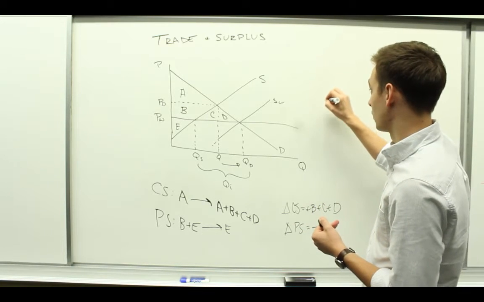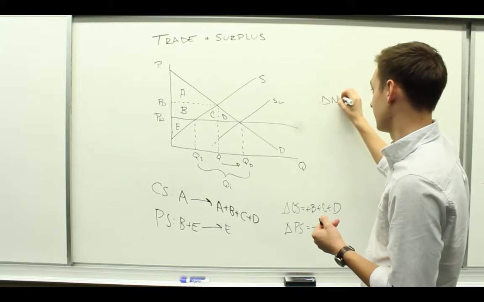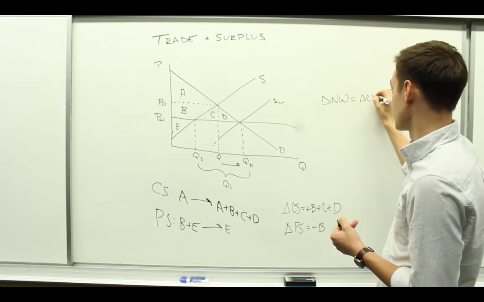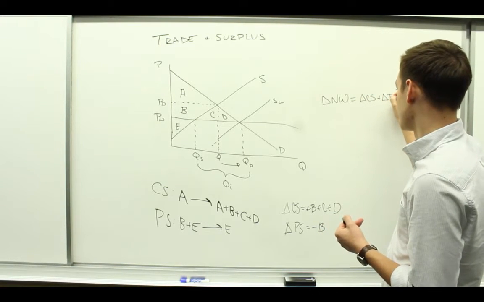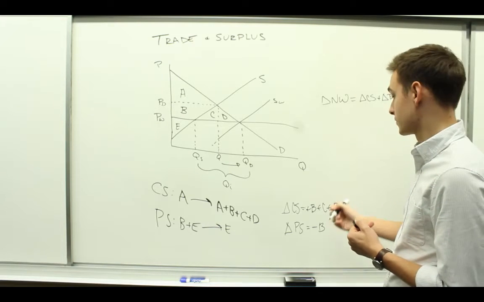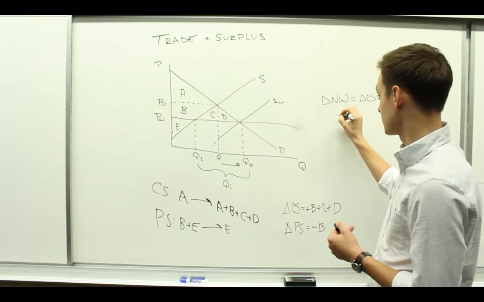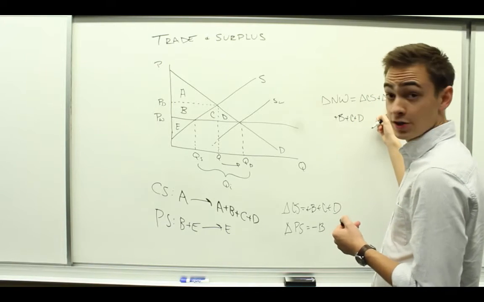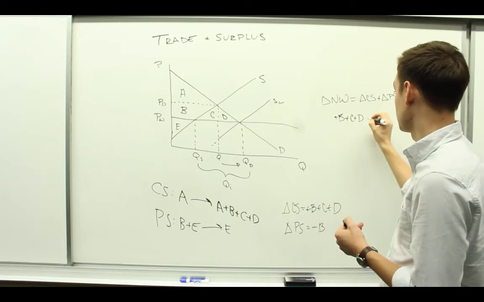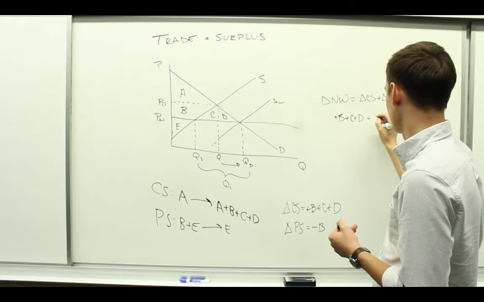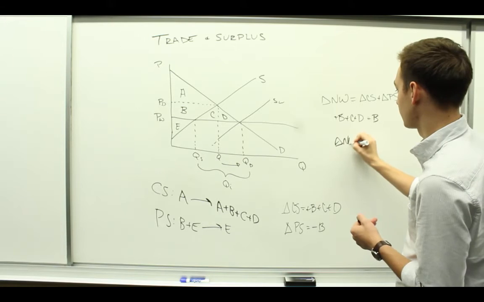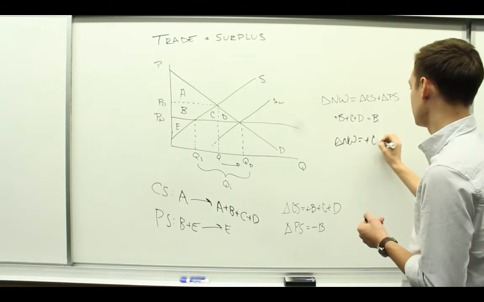So the change in net welfare is equal to the change in consumer surplus plus the change in producer surplus. In this case, change in consumer surplus is plus B, plus C, plus D, and the change in producer surplus is minus B. So if you add these two together, you get the change in net welfare equals plus C and plus D.